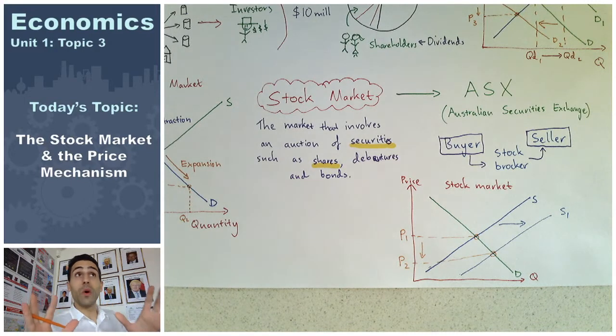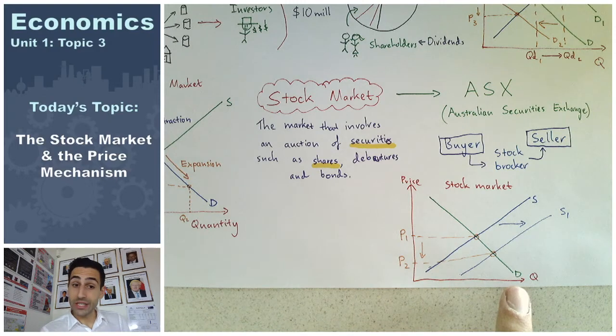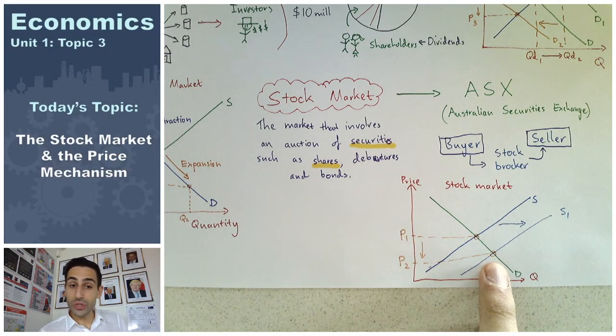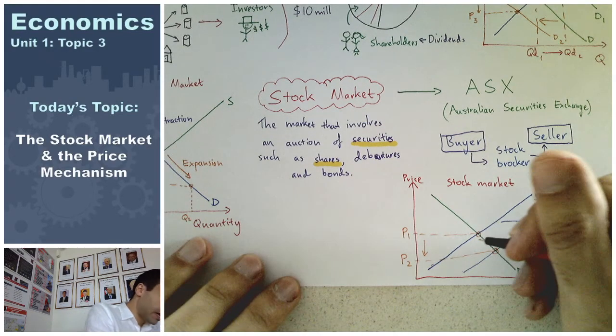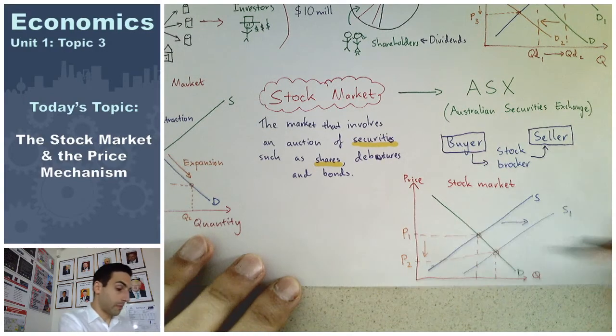So the last thing we want is a run on the stock market, and a run on anything is people sort of just cashing out. You don't want that. It's going to result in an increase in supply, which devalues the price of stocks. Okay, and you can see that there.